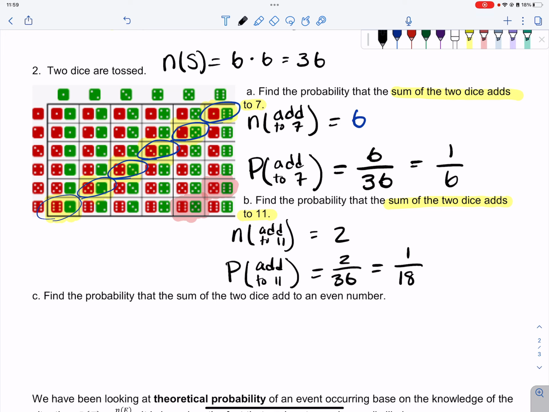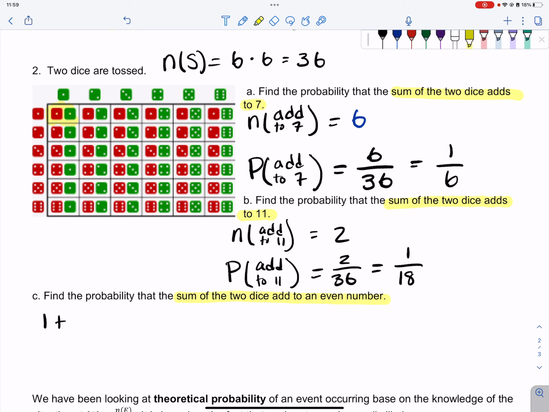So now, lastly, we need to find the probability that the sum of the 2 dice add to an even number. So I'm going to erase my highlighting that I currently have on the table, because now we need to find all of our outcomes that add to an even number. So let's start off with, we have 1 that adds up to 2.